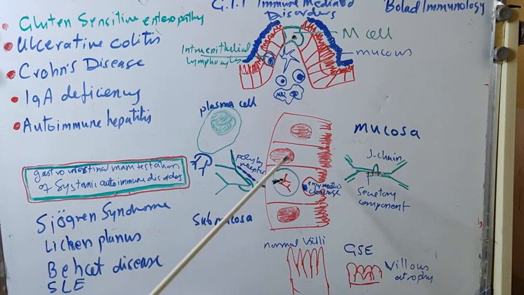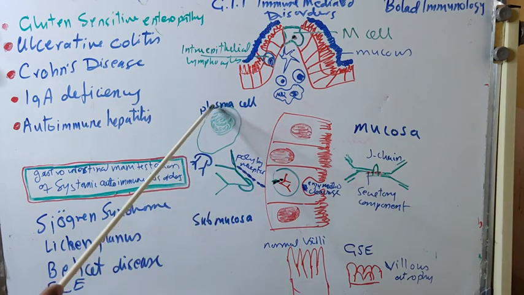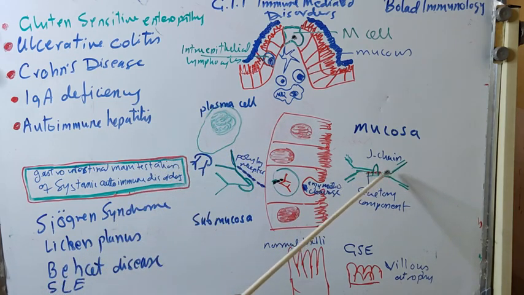As can be seen here, this is the IgA, or the secretory IgA. It is dimeric, with a J chain and a secretory component. This is within the mucus secretion, and this secretory component, between the two parts of the dimer, protects IgA from the digestive enzymes.